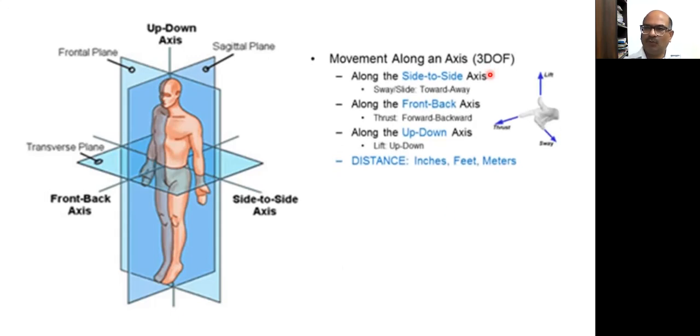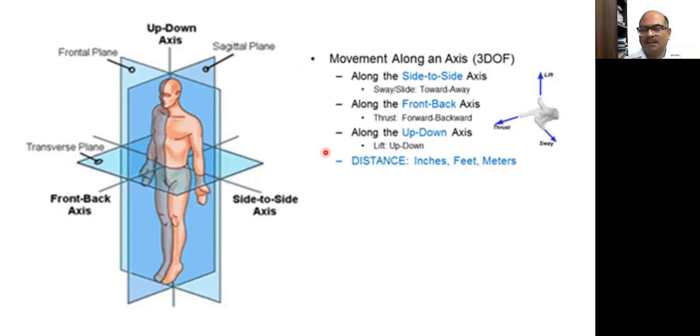Accordingly, we can define movement along an axis, 3 degrees of freedom: along the side-to-side axis, along the front-back axis, and along the up-down axis. Because it is a linear movement, the distance can be measured in inches, feet, or meters as the unit of distance.